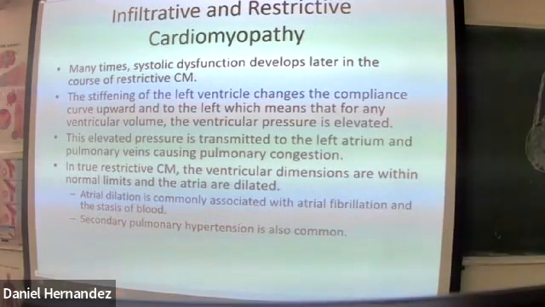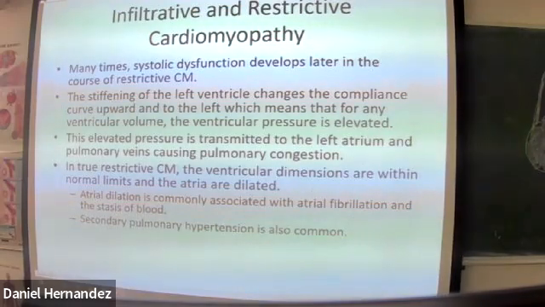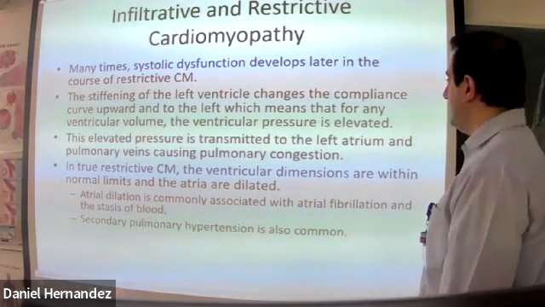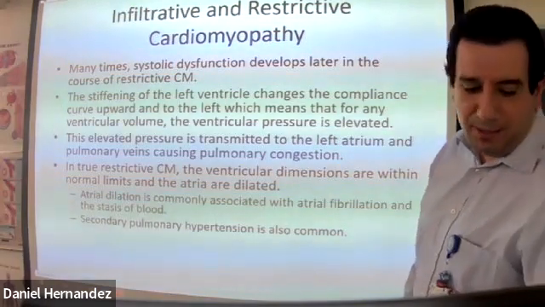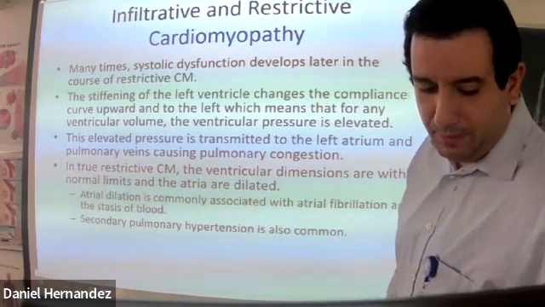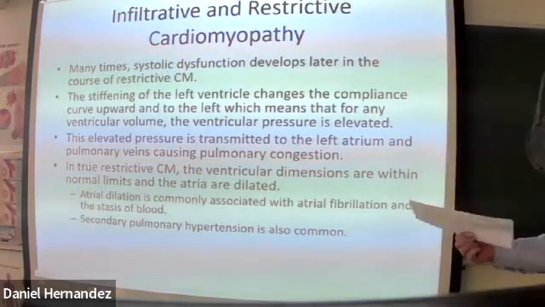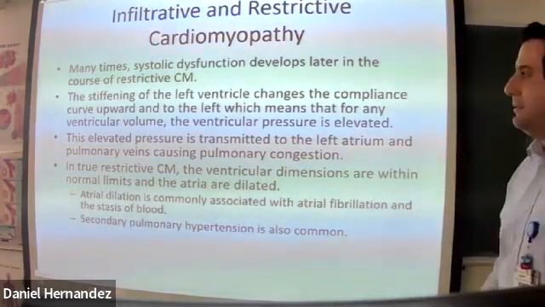So we're going to see in a moment. Again, this pressure gets transmitted to the pulmonary veins, so we're going to learn about diastolic dysfunction and what we can potentially see in patients that are suffering from diastolic dysfunction. So restrictive cardiomyopathy, it's a diastolic disease.